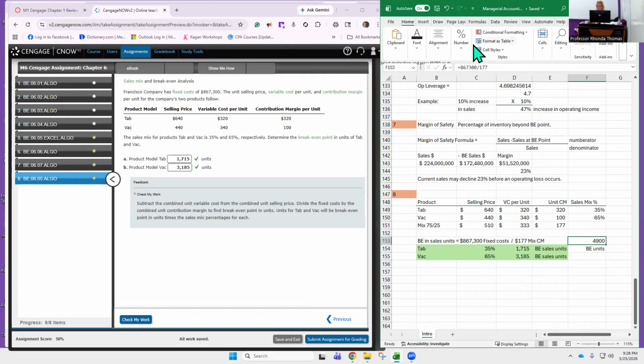Okay, and that's not dollars, that's units. And then we need to take 35% of that goes to this product and 65% of it goes here. These two must add up to that.